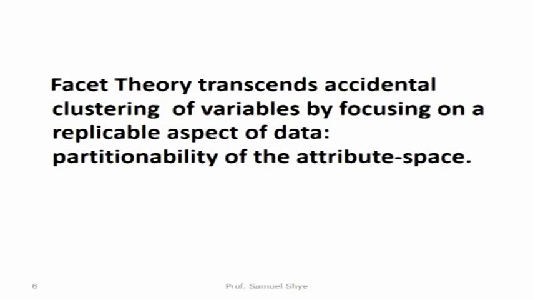What matters is the identification of distinct regions with well-defined subdomains of the attribute. Facet theory uniquely proposes a way of transcending accidental clustering of variables by focusing on a robust and replicable aspect of the data. That is, the partitionability of the attribute space.